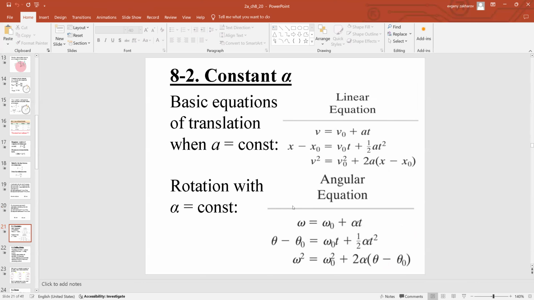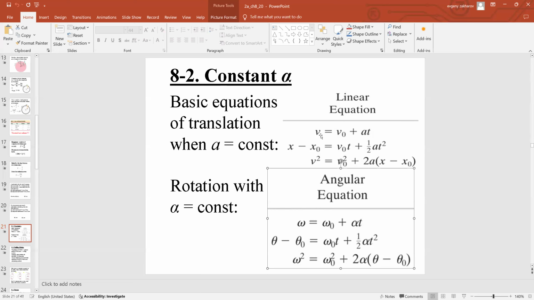Okay, let's take a look at our favorite equations from kinematics. You can see that for kinematics in straight line motion, you've got v equals v sub 0 plus at. And for rotation, you should admit that it's the same result.